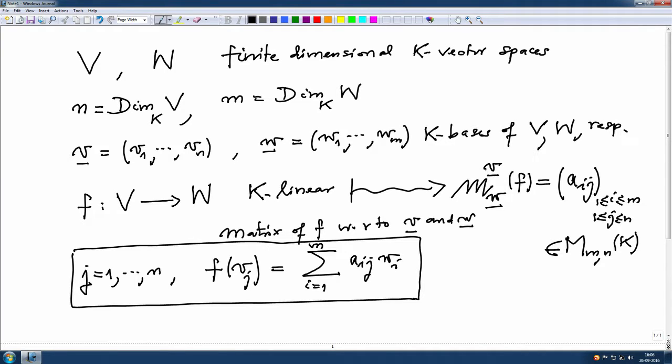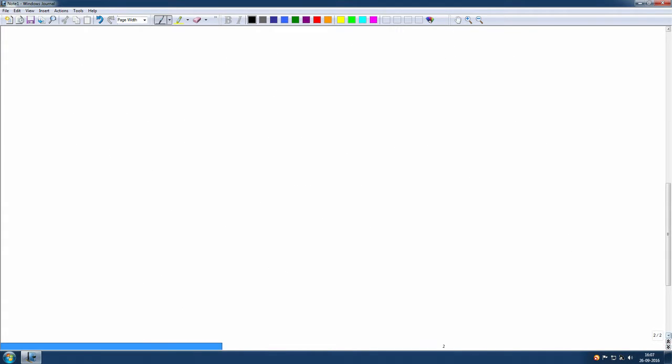For example, what happens if we change a basis, or what is the matrix of, last time we saw the matrix of the composition map, right. So, last time let me recall what we proved last time. We have these 3 vector spaces U, V, W, that is what I want, to keep the same notation.